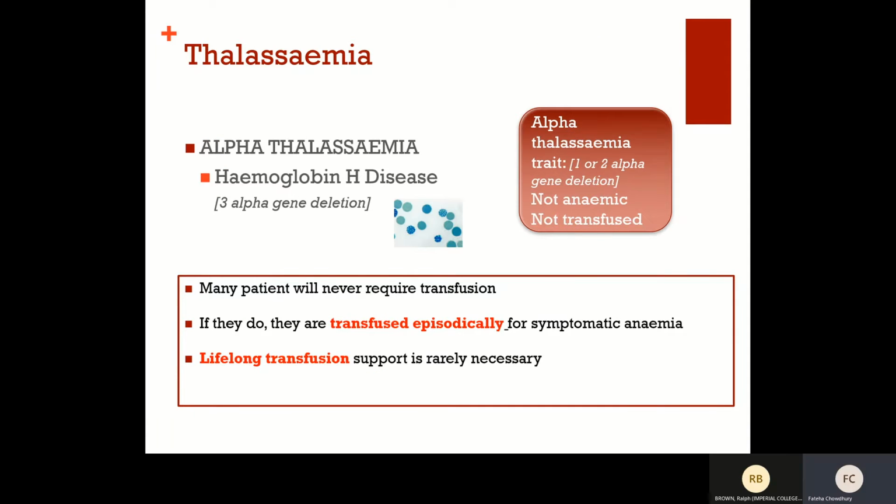So the alpha thalassemias, hemoglobin H disease, which is 3 alpha gene deletion, these patients may occasionally need transfusion for symptomatic anemia, but rarely do they need lifelong transfusion. And again, the alpha thalassemia carriers are usually not anemic and don't need transfusion.